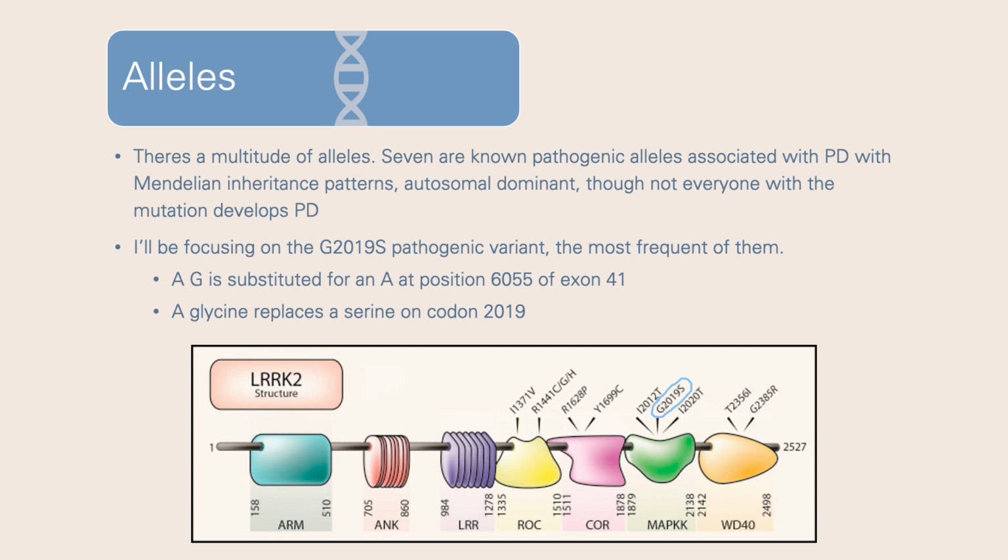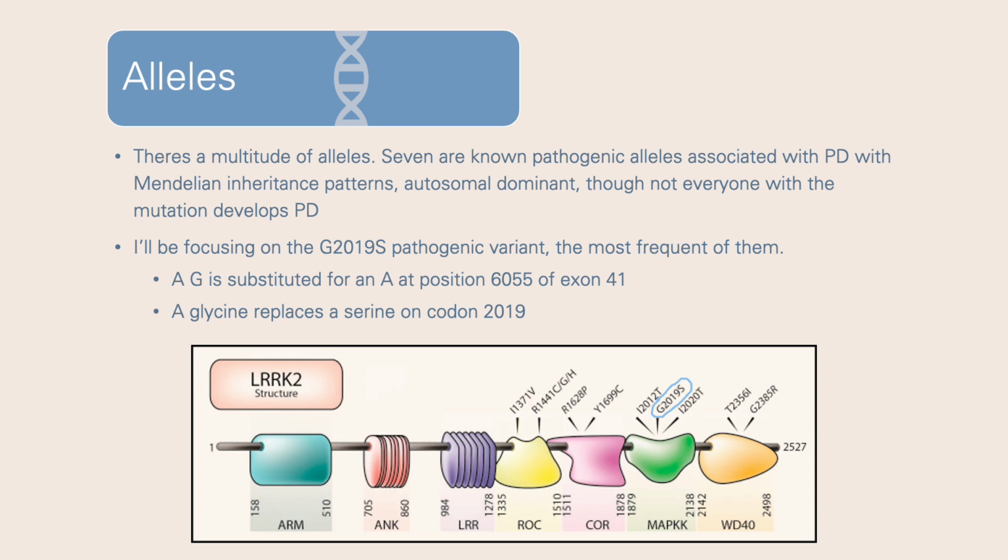This mutation is seen commonly with late-onset Parkinson's disease, with 28% of people developing it by age 59 and 51% by age 69. This mutation is most common in the North African and Ashkenazi Jewish populations.